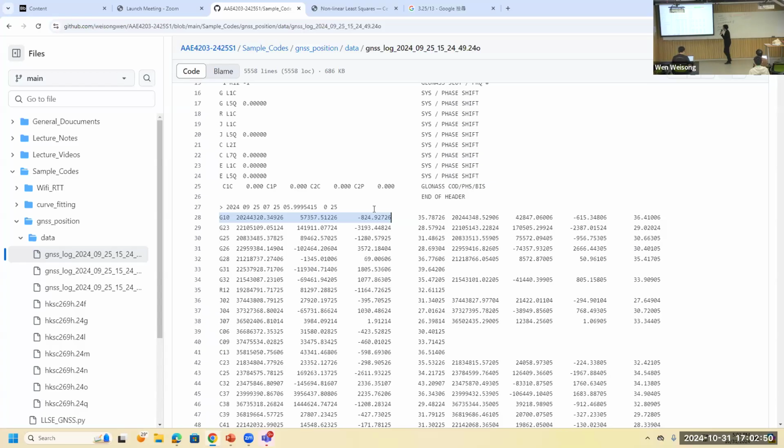So these are the measurements, this column, minus the square root, plus I plus t plus the speed of light. You want to make this be 0, so you want to calculate the x, y, z to make this 0. This is for the first satellite, G10.